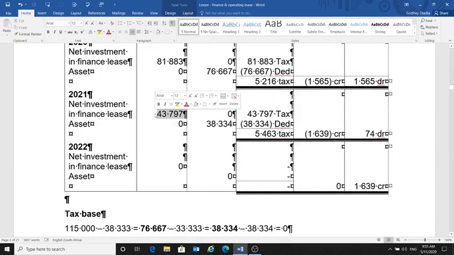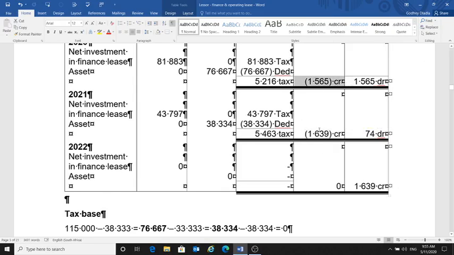Then you'll do the same in the second year, 43. The 43 here, the tax base is 0, then the difference between the two, this one is taxable. Here, 0 to 38, this one is deductible. The difference between the two is taxable. When you multiply this, it gives you a balance of 1639. Obviously, if now the balance in the balance sheet is 1639, your opening was this one for that year, right?